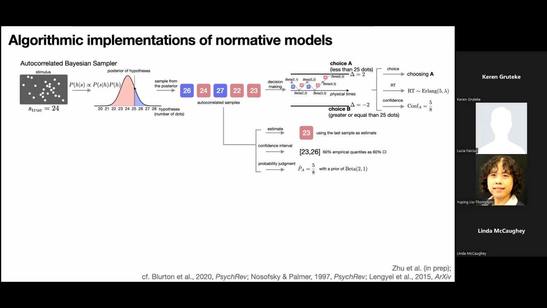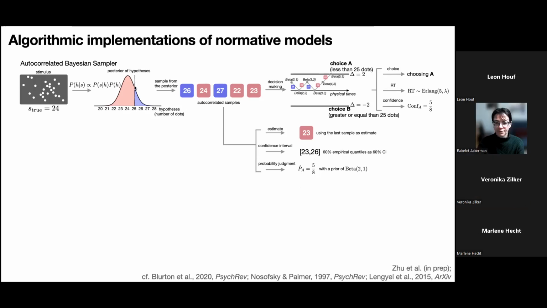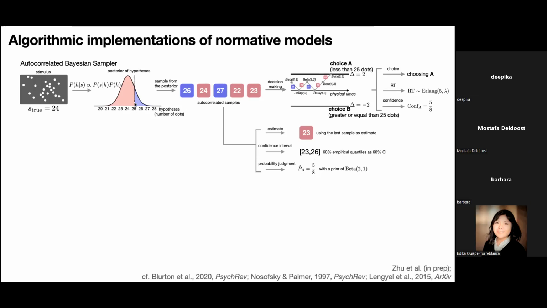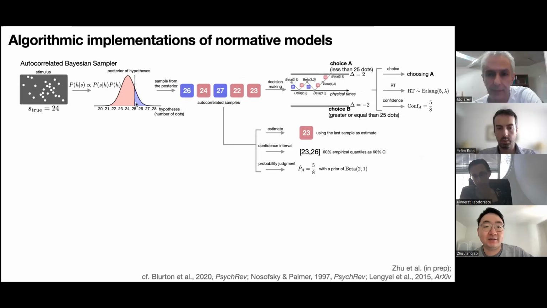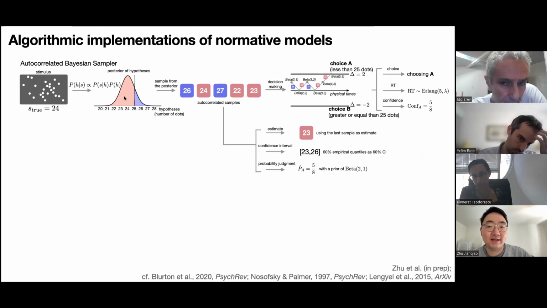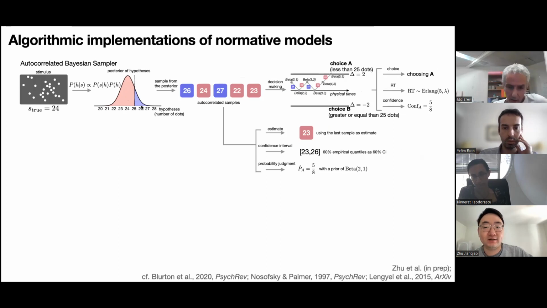So there should be a boundary here at 25 that basically partitions the hypothesis space into 2. And you can see the red and blue space, 2 subspaces, each supports one of the options. The red space supports less than 25 dots. Blue space supports greater or equal to 25 dots.